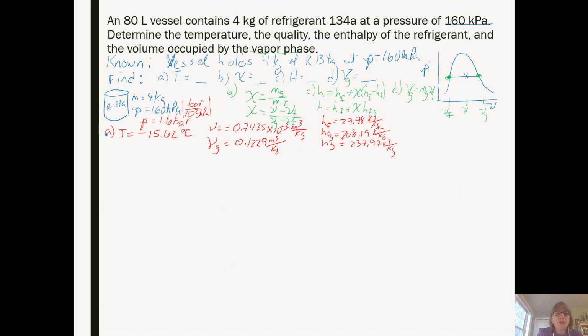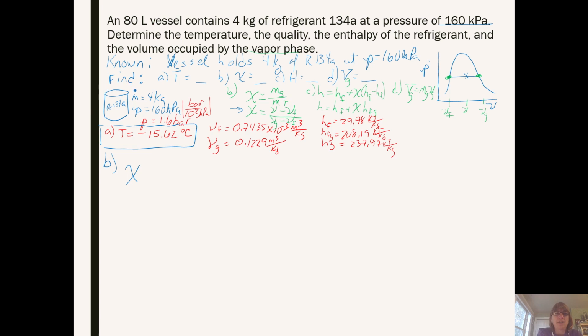All right. So we already found A. We looked at the temperature. Looking at B, where we want to find the quality. And here, since I have the volume, we're going to use this equation where we need the specific volume and we know the volume of the container here.